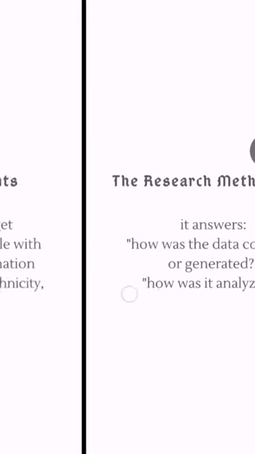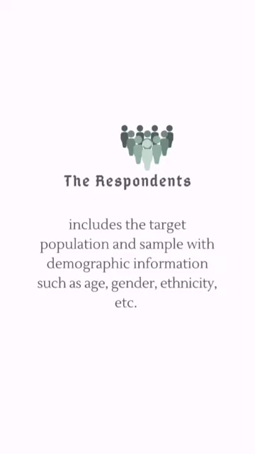Okay, so for the first part of it, we have the research respondents. It includes the target population and sample with demographic information such as age, gender, and ethnicity. The target population and the target sample that you will use for generalizing about the target population are specified in this part. So, procedures for selecting samples should be outlined, including justification for the sampling method, also known as the sampling procedures.